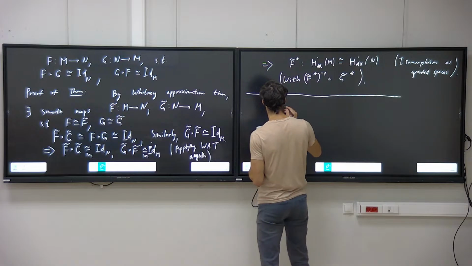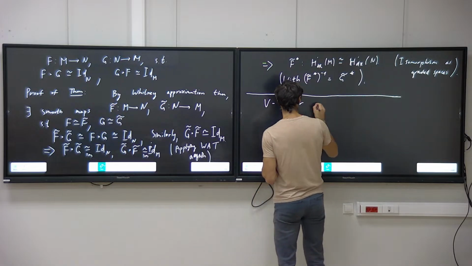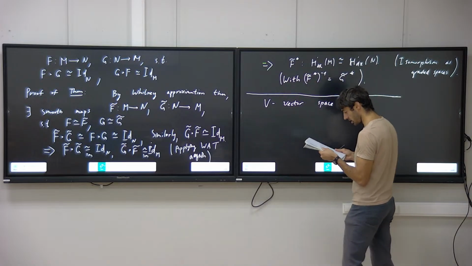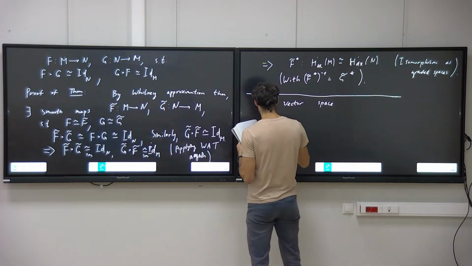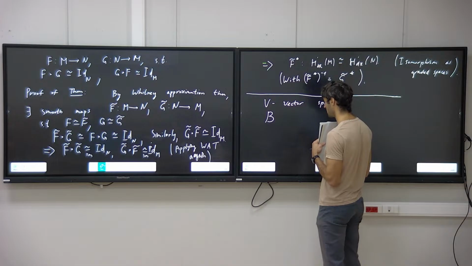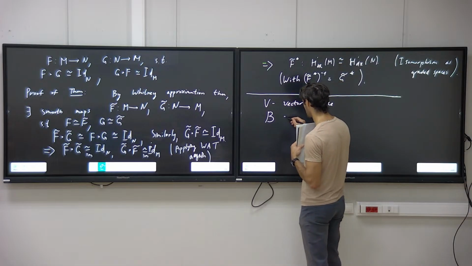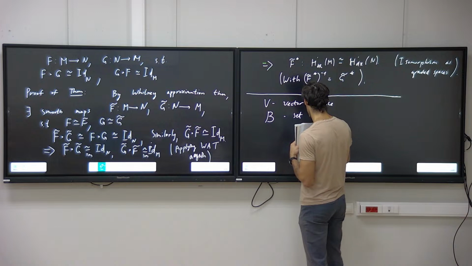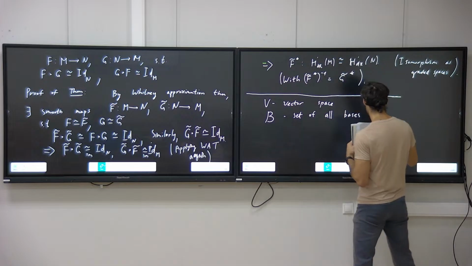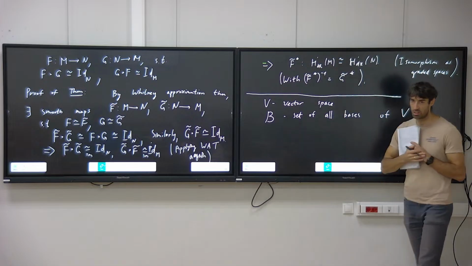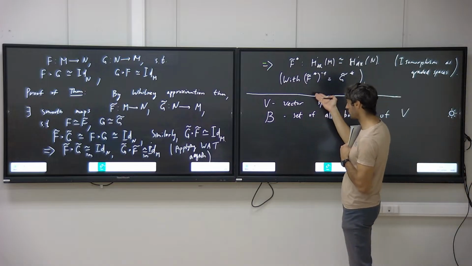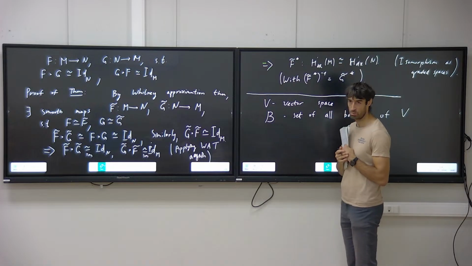So suppose that I have a vector space, and suppose that I have B, Gothic B, is the set of all bases of it. Then I would like to introduce an equivalence relation on B.